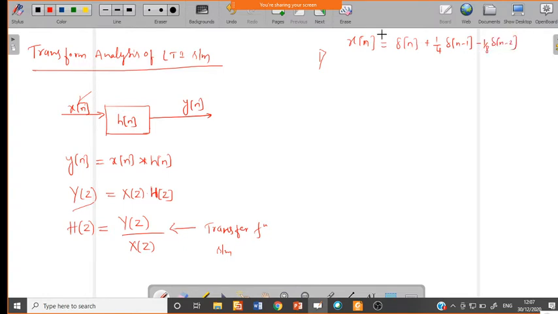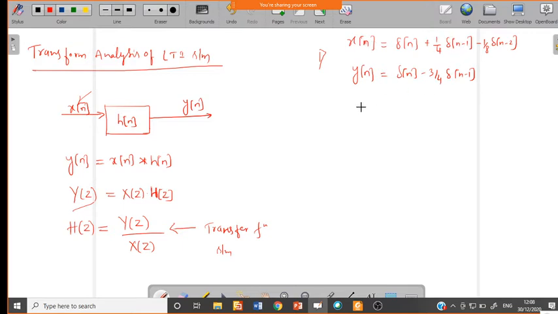The corresponding output y of n is given by delta of n minus 3 by 4 into delta of n minus 1. It is a causal system, meaning the response of the system is 0 for n less than 0, with input and output signals given like this.